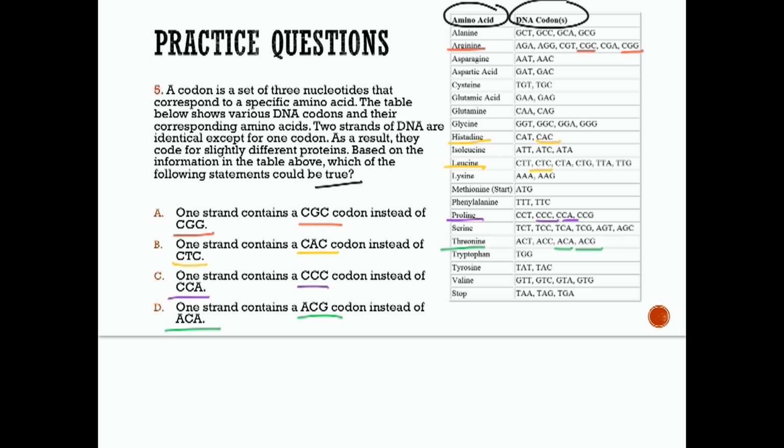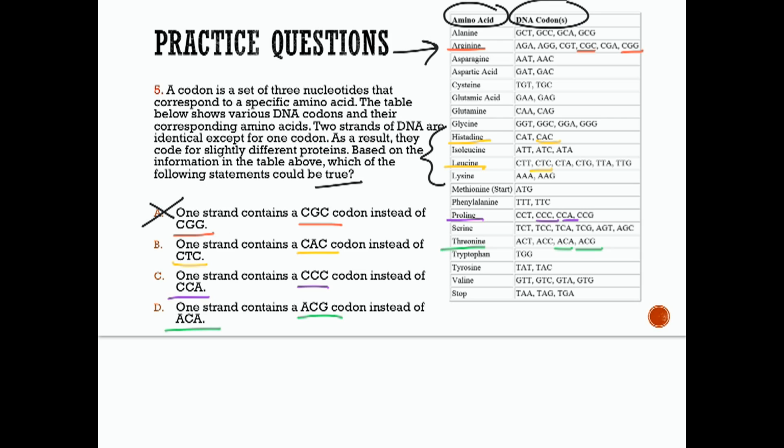A, one strand has a CGC codon instead of CGG. Now, look at that in red right here. Even though the codons are different, they both actually code for the same amino acid. So A is not going to be it. B, one strand contains a CAC codon instead of CTC.